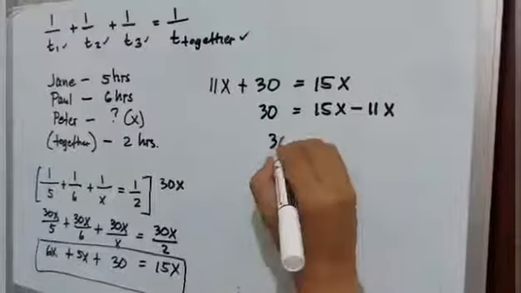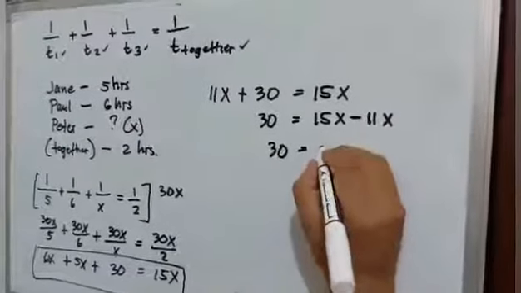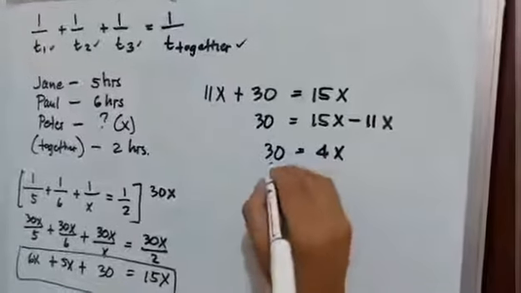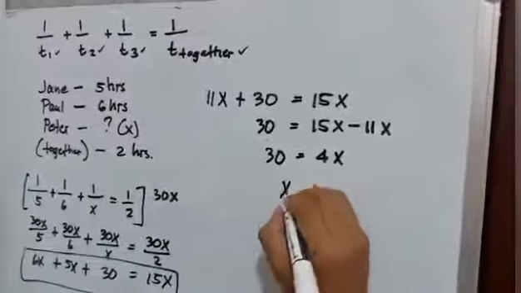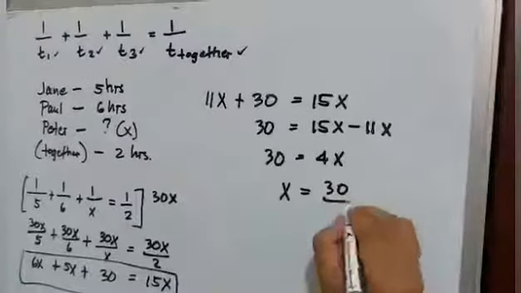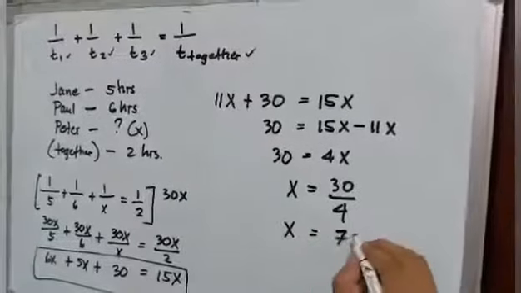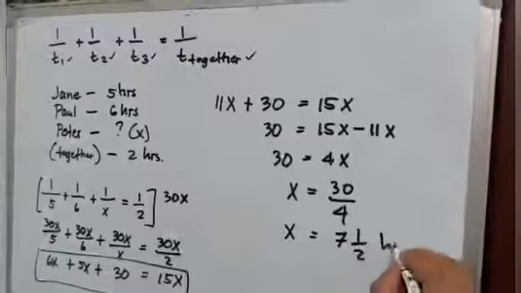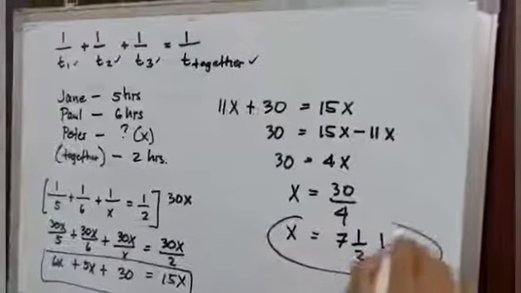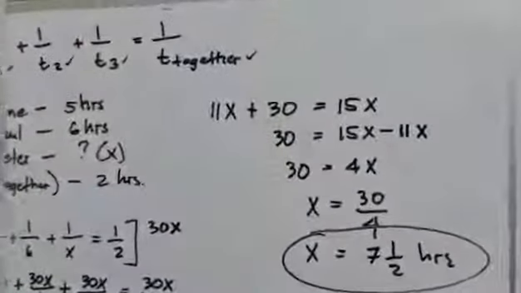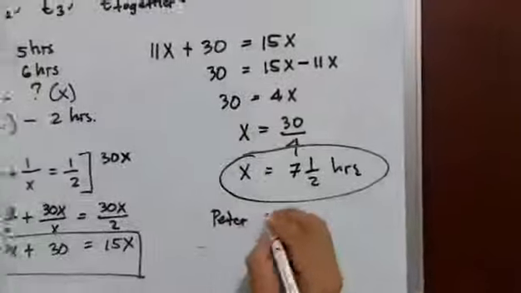So 30 is equal to 4x, and then x is equal to 30 over 4, which is equal to 7.5 hours. So this is the time Peter can finish the job alone.